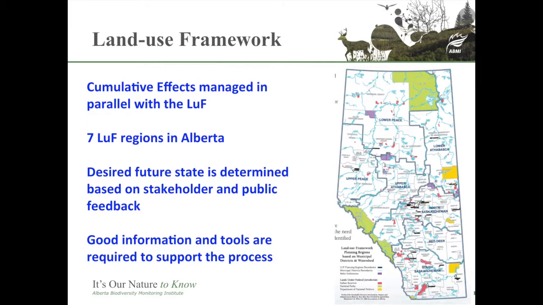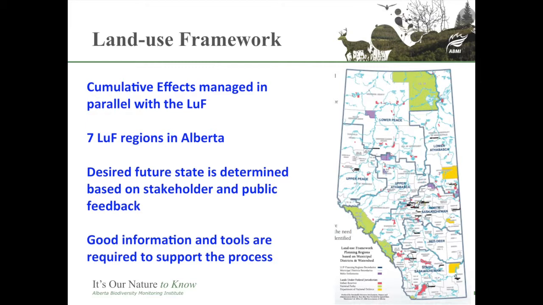The land use framework, I think everybody in this room is well aware of it. There's 7 different regions throughout the province. In each of the regions, the goal is for, as part of a planning process, folks to travel throughout the province and meet with stakeholders to develop a desired future state for that region.